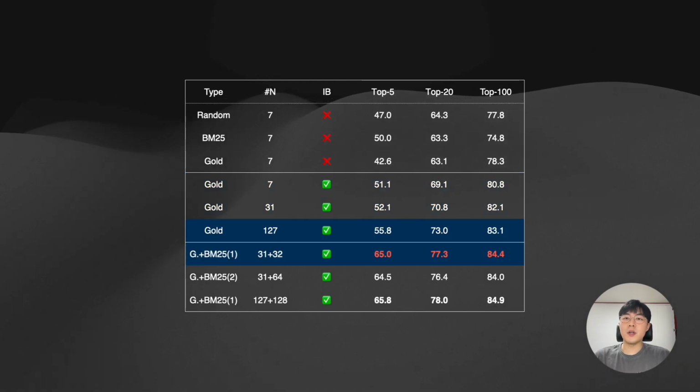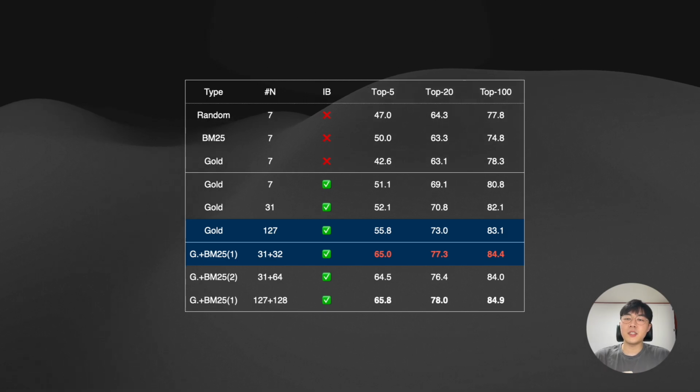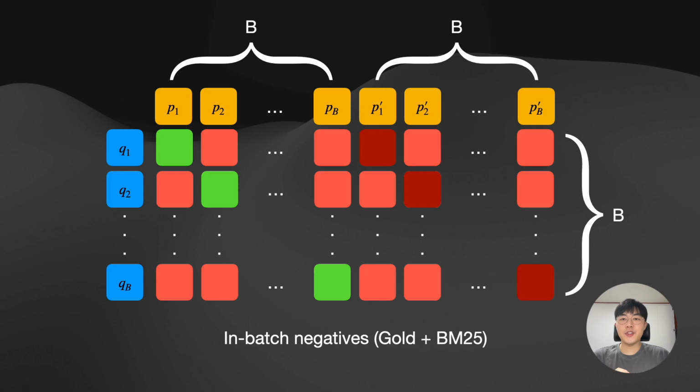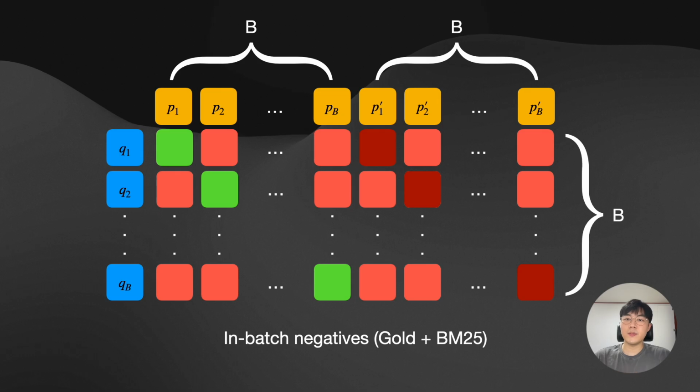The transition from the second block to the third block shows in-batch negative training with additional hard negative passages that have high BM25 scores given the question. This figure shows the process. The first B columns indicate in-batch negatives with original gold negatives, and next B columns are additional BM25 hard negatives.